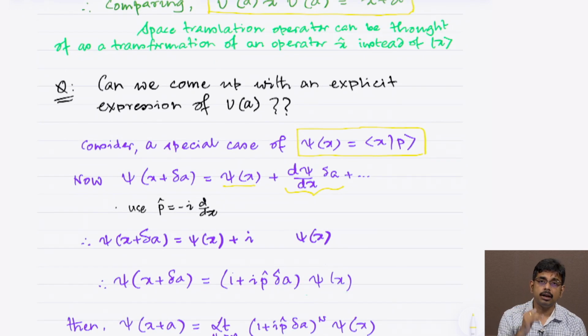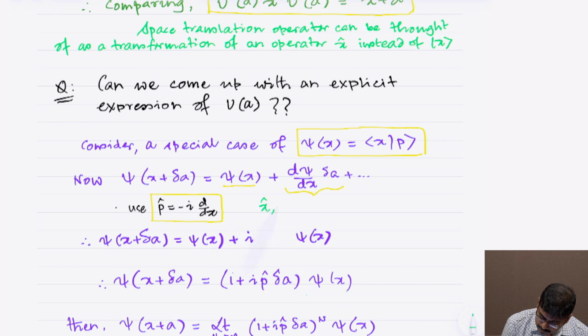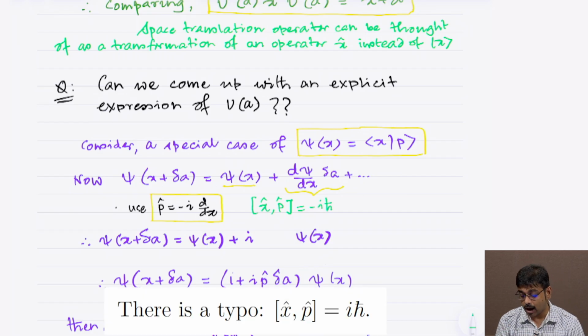Now, I would like to remind ourselves that we are thinking of the wave function to have only one variable in it, which is x. In that case I can think of the momentum operator p = -i d/dx. Now, this is something that you recall. This is the starting point of all this business that we are doing, which is the first quantization principle that we studied: the commutator [x, p] = i ħ.